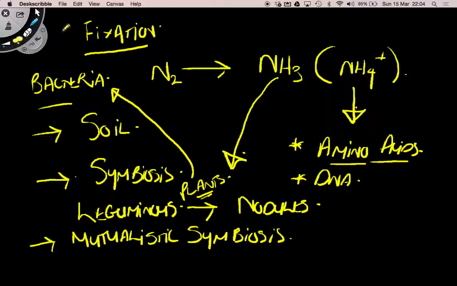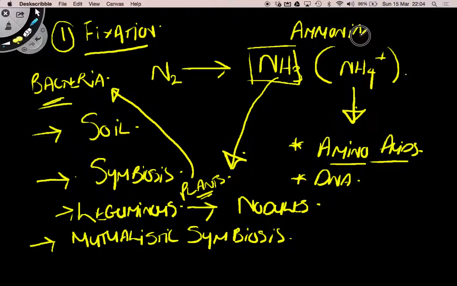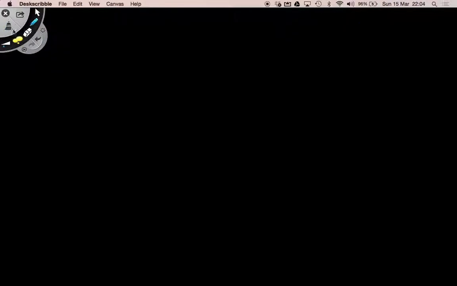So this fixation process, number one, is done by bacteria, and the plants are able to take advantage of the bacteria because the bacteria provide them with NH3 for free, or in turn for a bit of glucose. So this is fixation, and the key thing to remember is that it's adding ammonia to the soil.